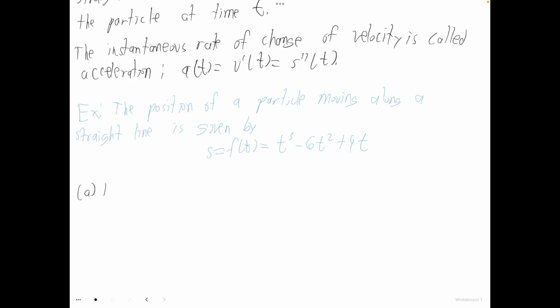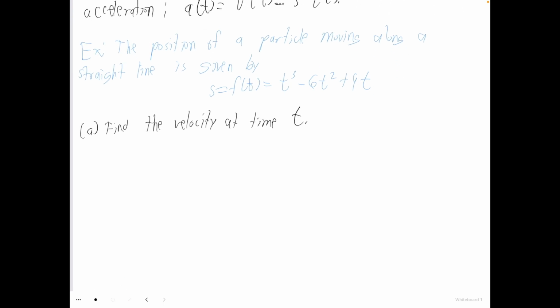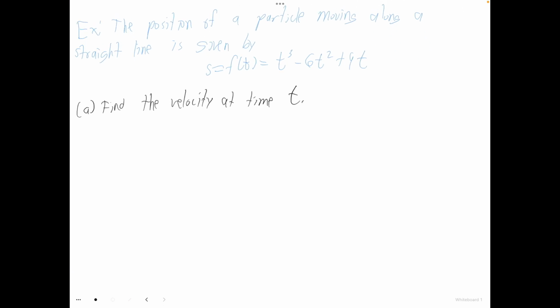So first we want to find the velocity at time t. So we want to figure out the velocity of this particle at time t. And so all that this is asking us to do is to take the derivative of the position function.